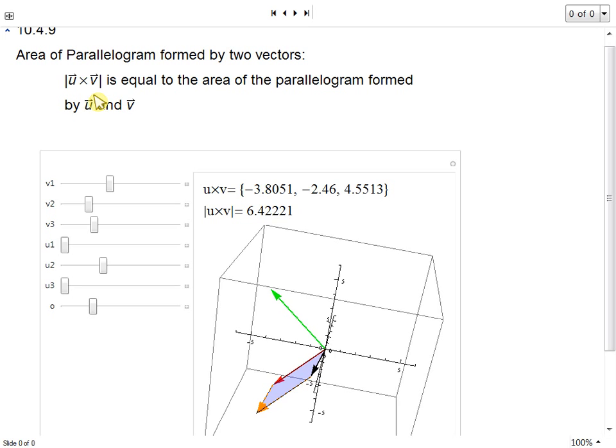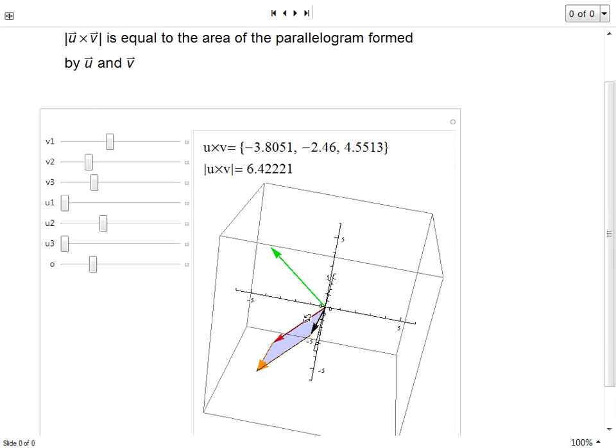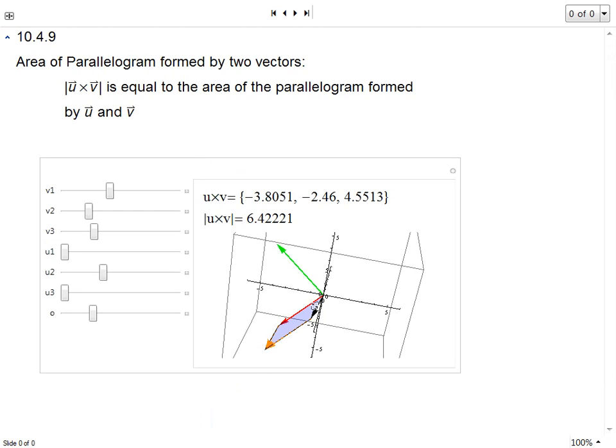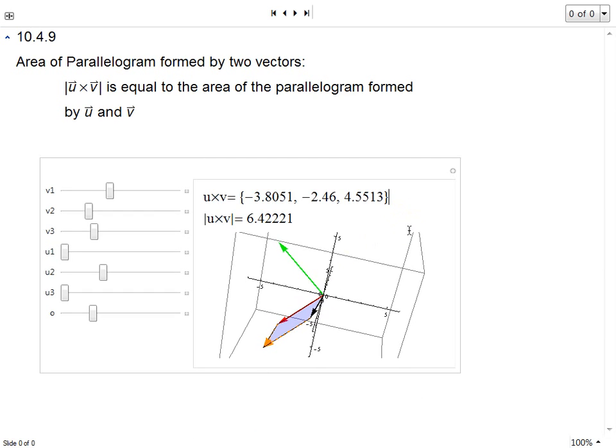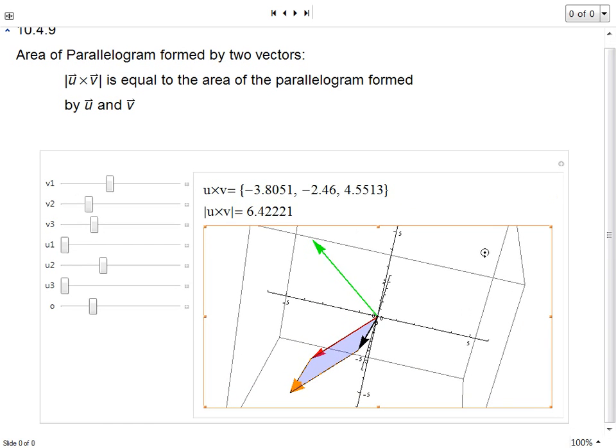The magnitude of the cross product gives us something completely useful. It gives us the area of the parallelogram formed by the two vectors. So in this picture here, we have a black vector, which we'll say is u.